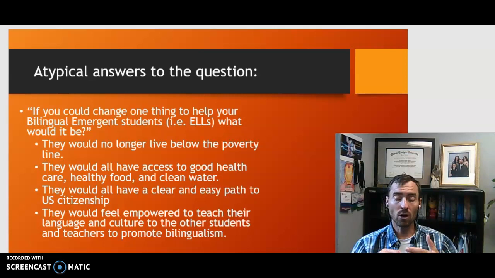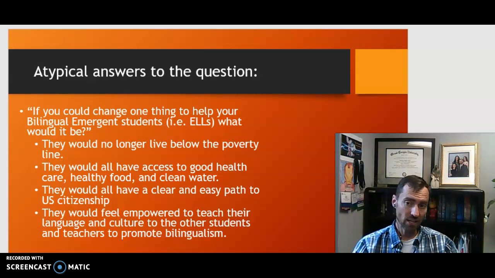I would love for our system of immigration and U.S. citizenship to be much easier to navigate, much clearer, and much more convenient for people who want to become citizens of our great country. I would love for them to feel empowered to teach their own language and culture to other students and teachers in the community, so we can all learn multiple languages and bilingualism. These are the kinds of things that I would love to see, and this is what I advocate for as well.